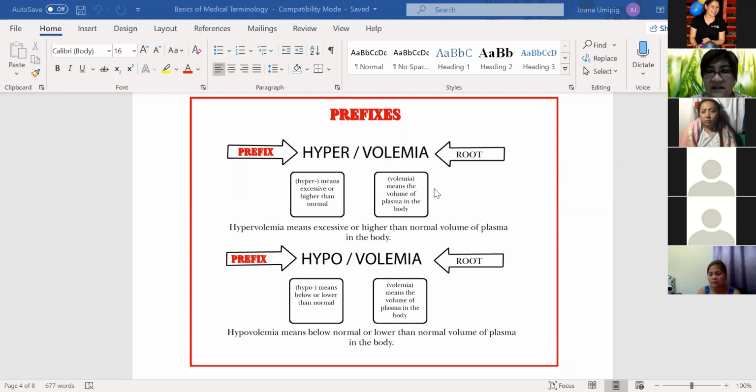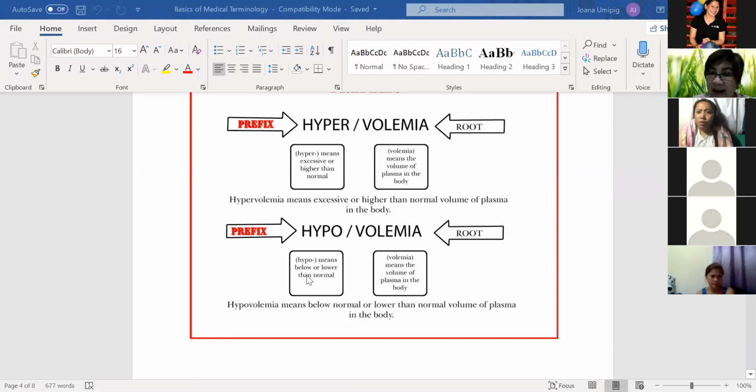So, hyper means yung increase or the higher level of the plasma in the body. Ang prefix naman for hypobulimia, ang prefix niya is hypo, yung lower down. As we said, yung lesser. Lesser volume of bulimia is a volume. So volume of the plasma, lesser volume of the plasma. So it is called in a medical term as hypobulimia. Okay?